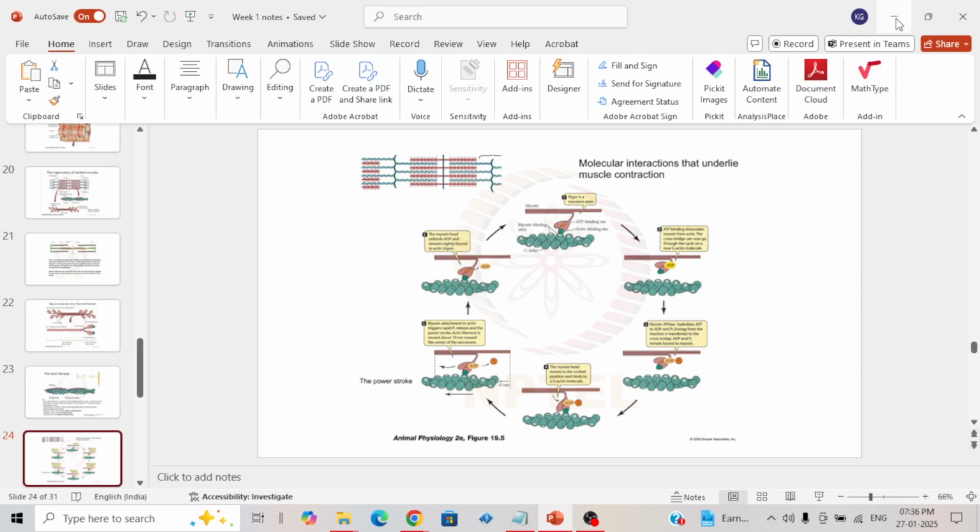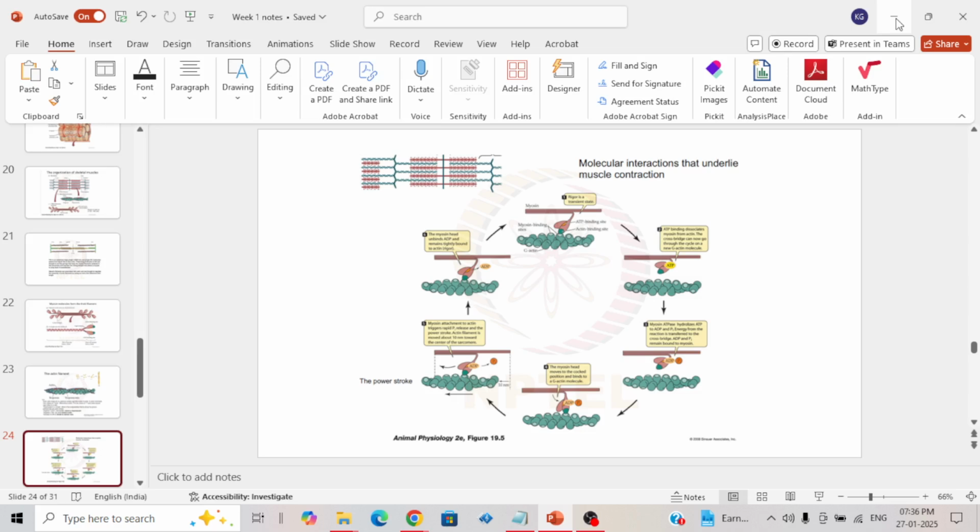This state is called the rigor state. Then the ATP binding site is still empty. So when a new molecule of ATP comes and binds to this ATP binding site, then this myosin head is released from actin and it will come back to its original position and will be prepared for the next cycle of contraction. Do you got my point now?